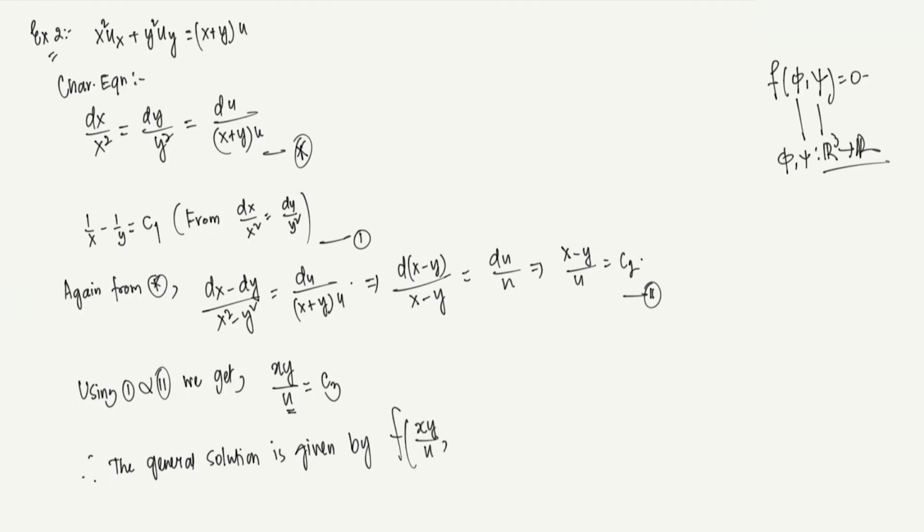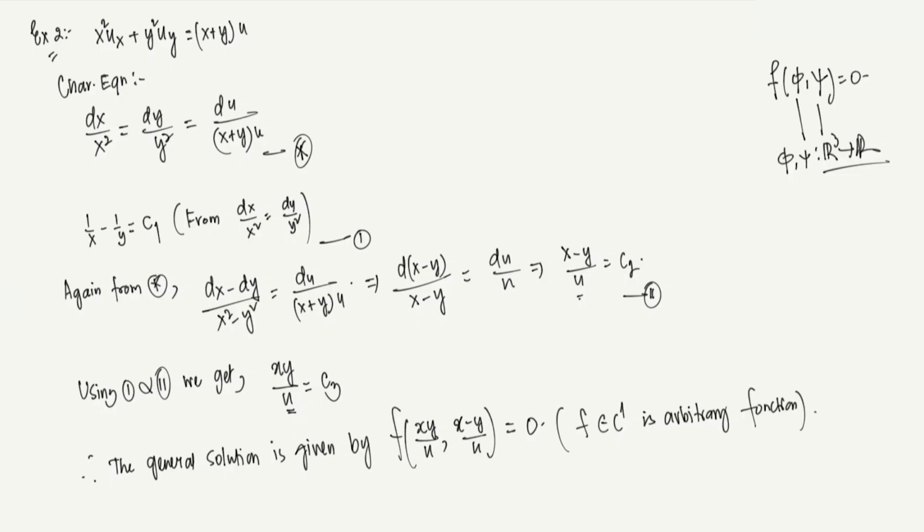What is my psi? Psi I can assume to be (x minus y) by u. This equals 0. So that's your general solution, given f in C1 is an arbitrary function. Is it okay? This is how you solve this equation.